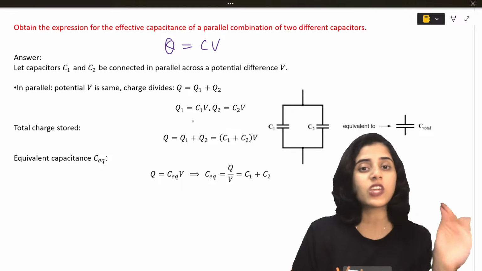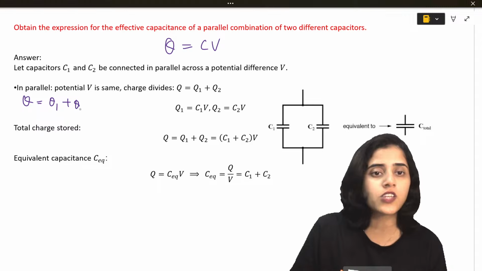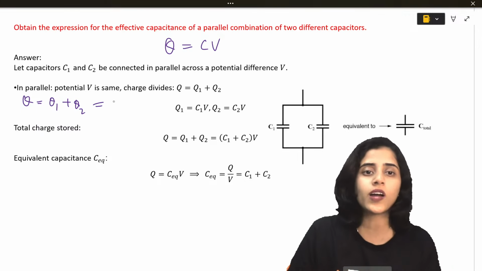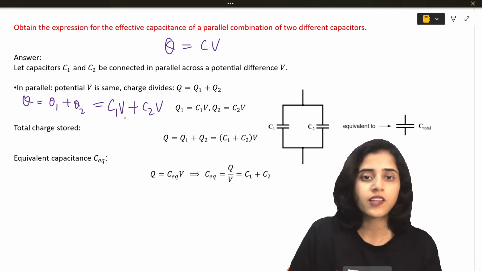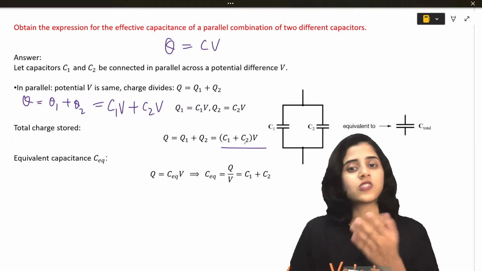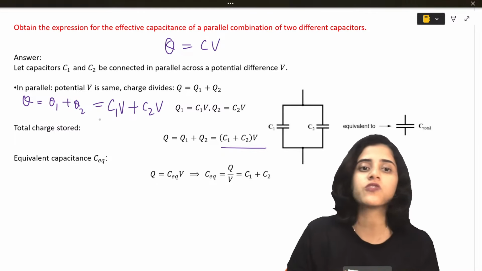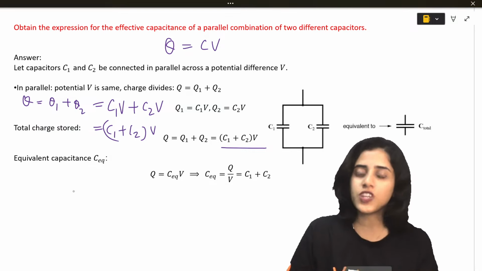Here you will have Q1 and Q2. So Q is equal to Q1 plus Q2, which is equal to C1V plus C2V. Since V is the same, I'll take it outside. I'll write it as C1 plus C2, brackets, V.